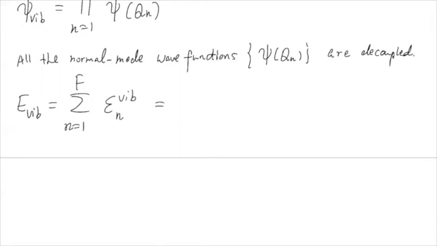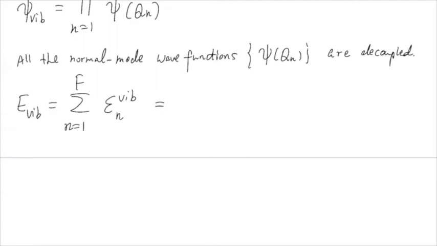And for each vibrational energy, we know it is nothing but a one-dimensional harmonic oscillator, right? It has the same mathematical structure as a one-dimensional harmonic oscillator. Although in this polyatomic molecule system, the one dimension really means the one dimension along this normal coordinate, capital Qn.